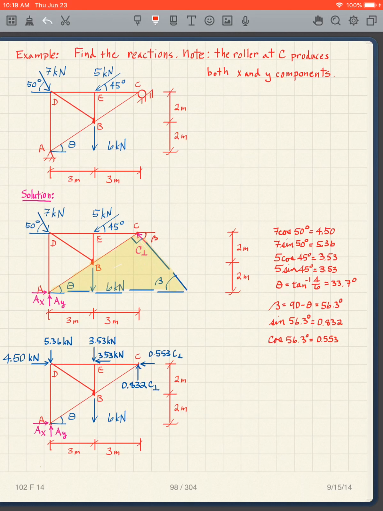I'm going to call this angle here theta, that angle beta. This is a right angle. And so I can figure out what theta is. Theta is this angle here also.